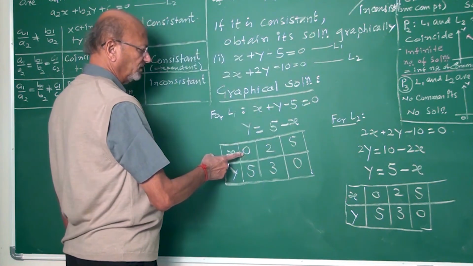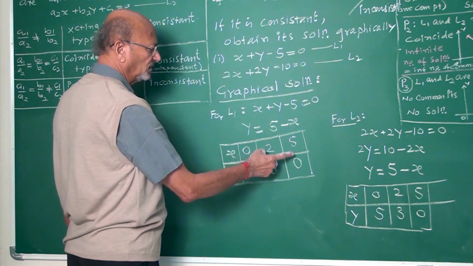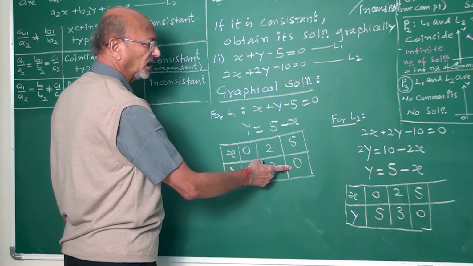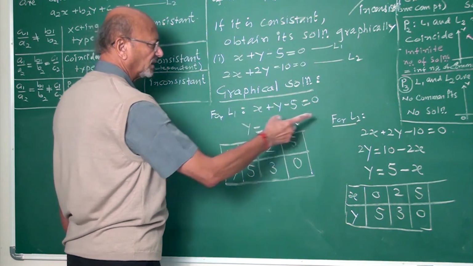Hence, the points (0, 5), (2, 3), (5, 0) lie on both lines L1 and L2.